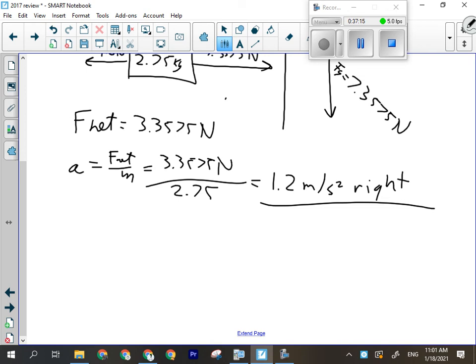All right, what else do we want to go over? Conservation of mechanical energy. Okay, conservation of energy question?